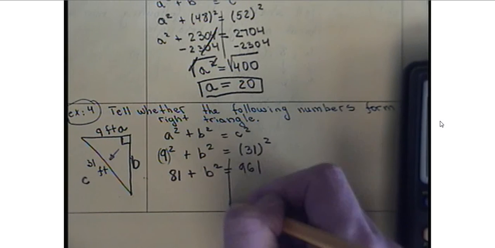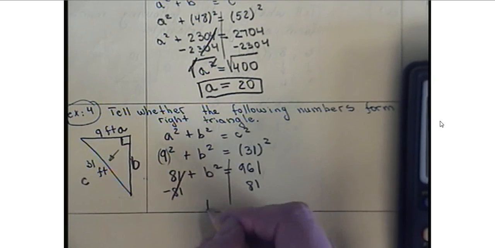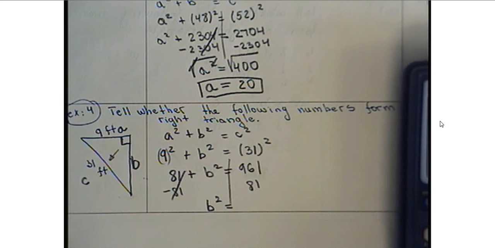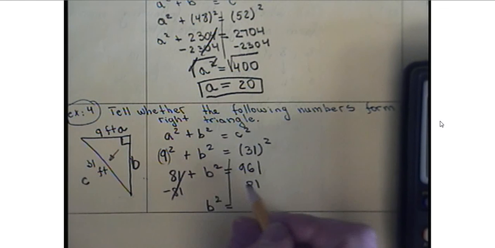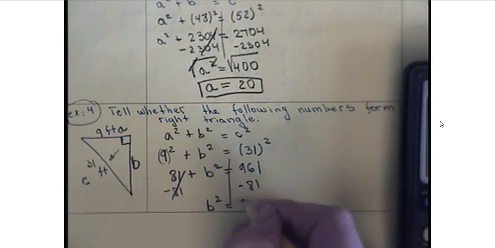And to solve for B, we will subtract 81 from each side. Those two cancel, so B squared is equal to 961 minus 81, which is equal to 880.